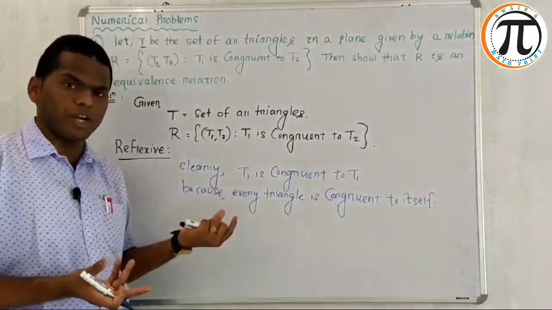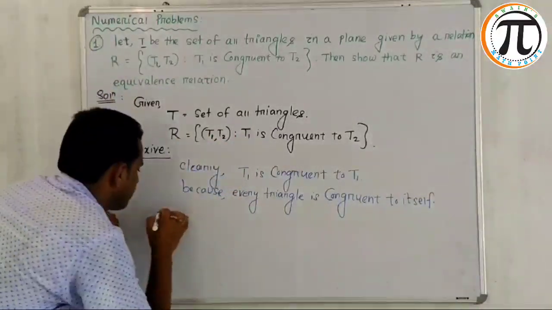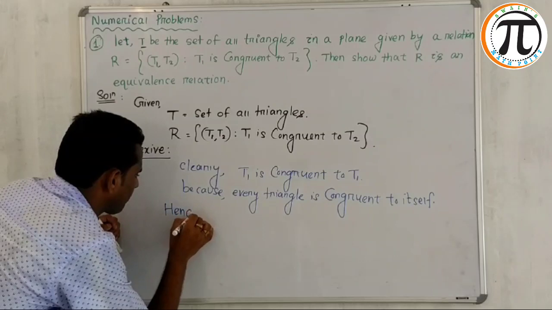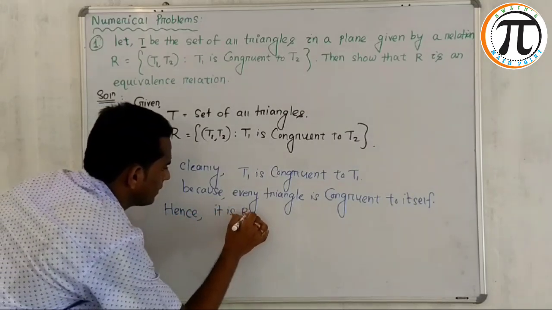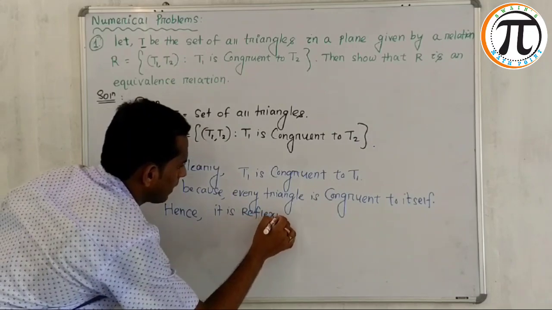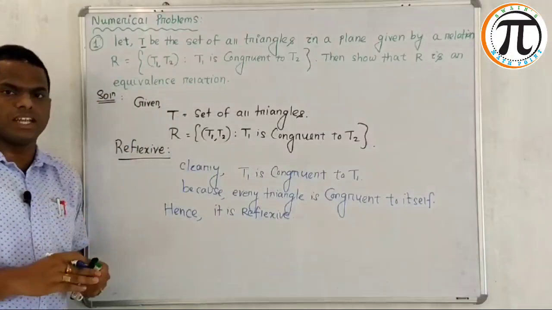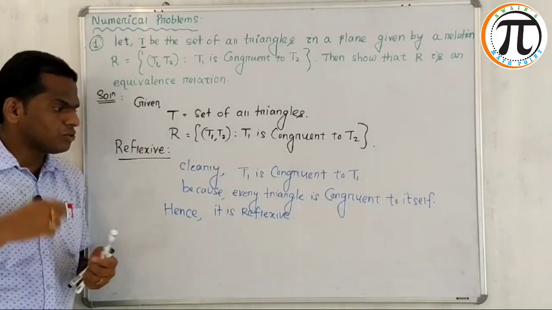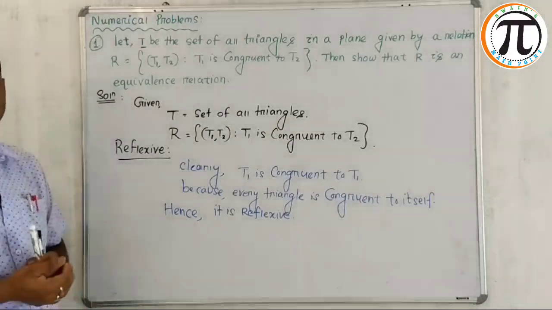T1 belongs to R, T2 belongs to R, T3 belongs to R. Hence it is reflexive. Clear? This part is over. Reflexive is done. Next, check symmetry. Before that, pause the video to note it down.